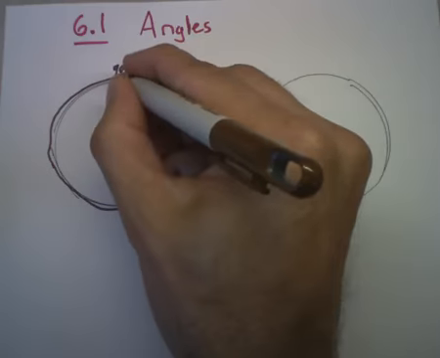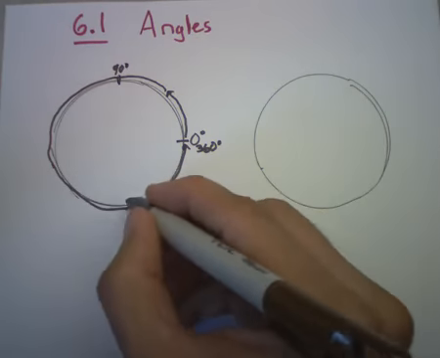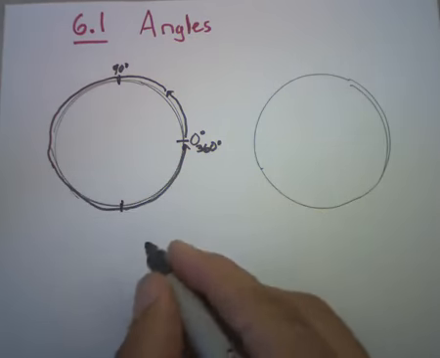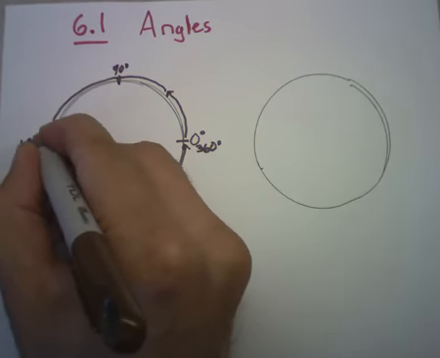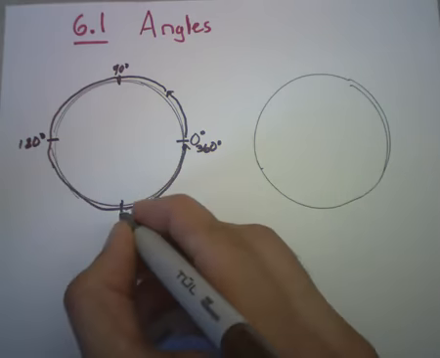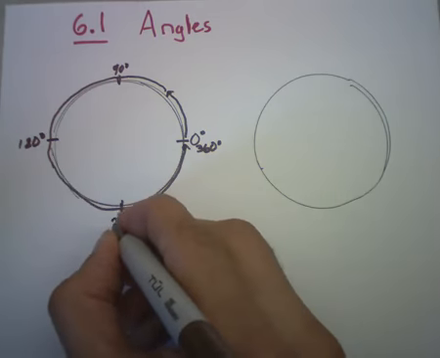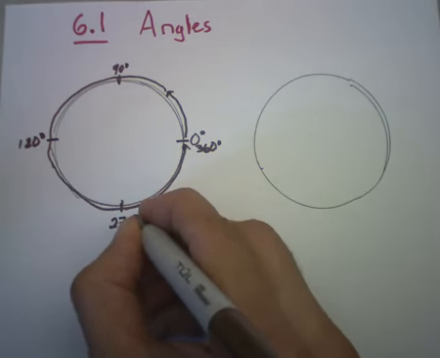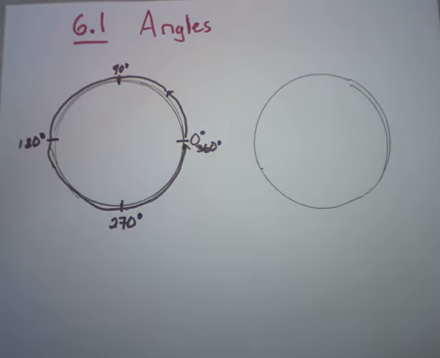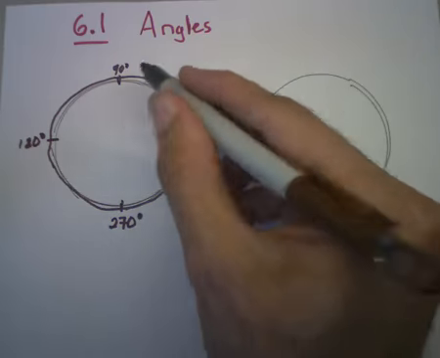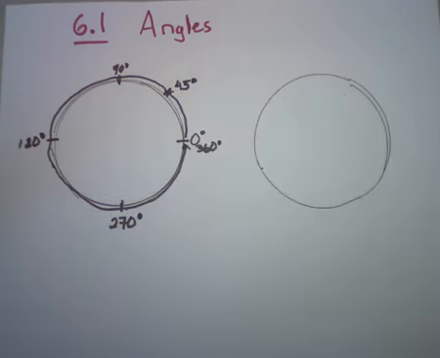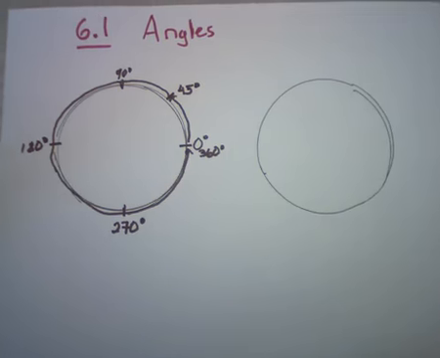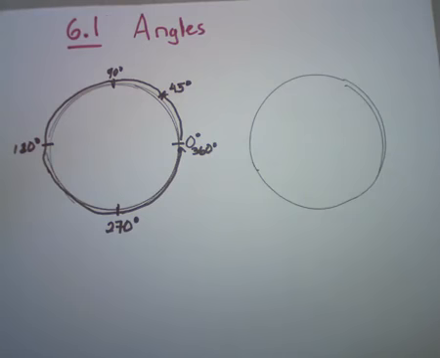And just based on proportionality, you can mark out lots of other places on the circle, like halfway around would be 180 degrees, and the top of the circle is 90, and the bottom is 270 degrees, and halfway between 0 and 90 would be 45, of course, and you can work out lots of other places. So that's the degree system.